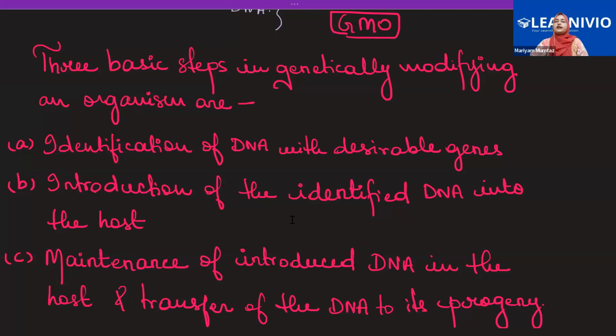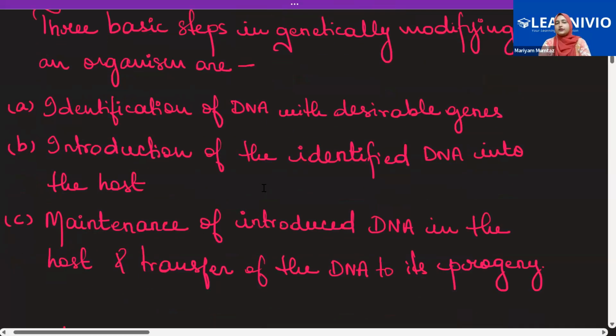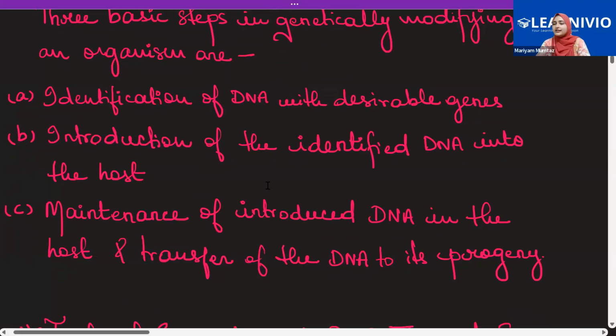So creating a genetically modified organism, which is called a GMO. For that, what do we need? First of all, you need to find out the gene of interest. Whatever you want to incorporate into the organism, you want to find that out. So first you're going to identify the DNA that has all the desirable genes that you need.